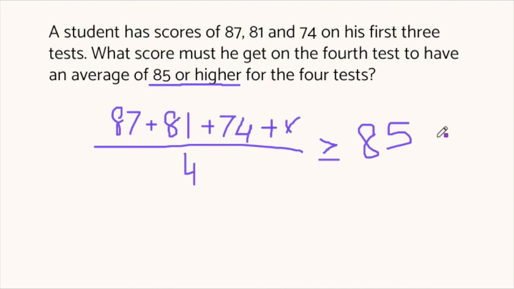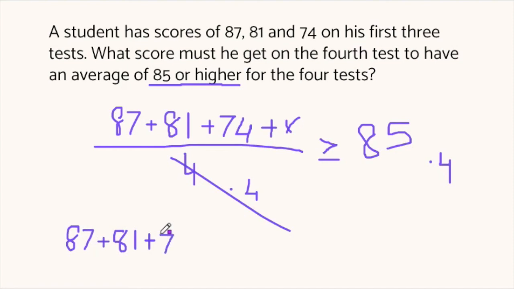And then we can just solve this like we would solve any inequality. We multiply both sides by 4. On the first side, the 4s are going to cross out, so 87 plus 81 plus 74 plus x is going to be left, and again, greater than or equal to.